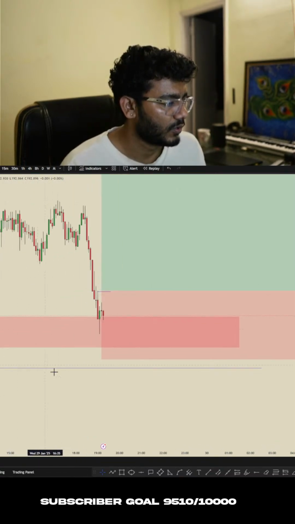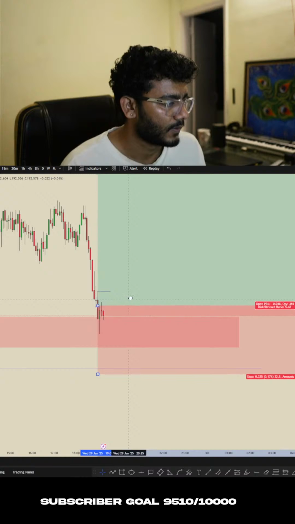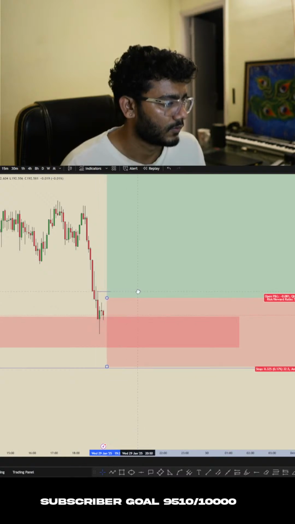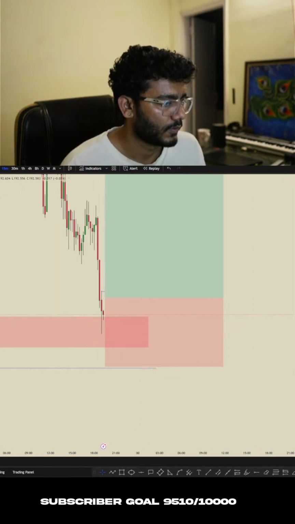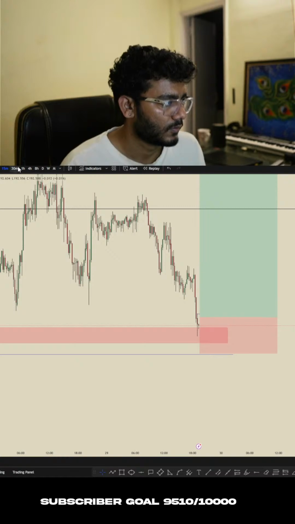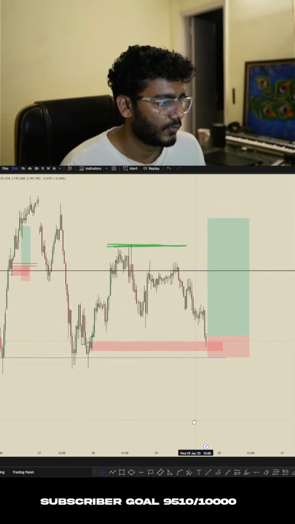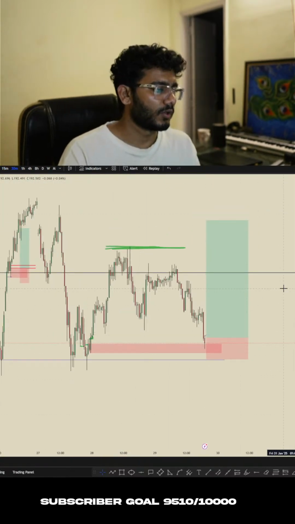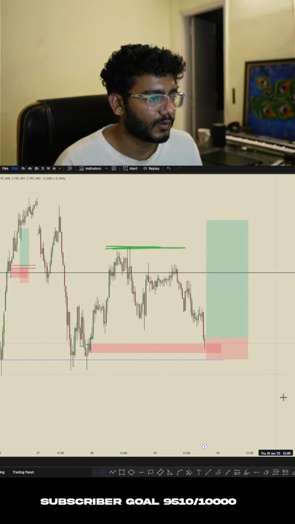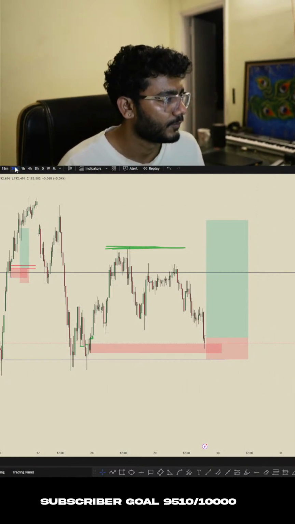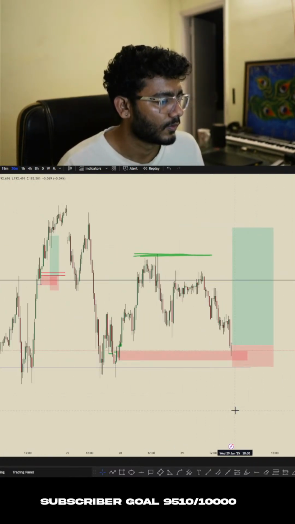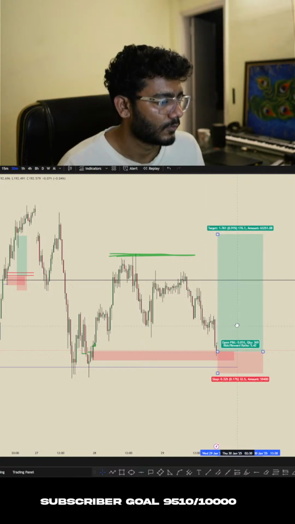Or else you can look for a change of character. If you want to enter directly, you can enter, but put your stop loss like risk 0.50% or 25%. Because we can get 1:10 RR from this one.